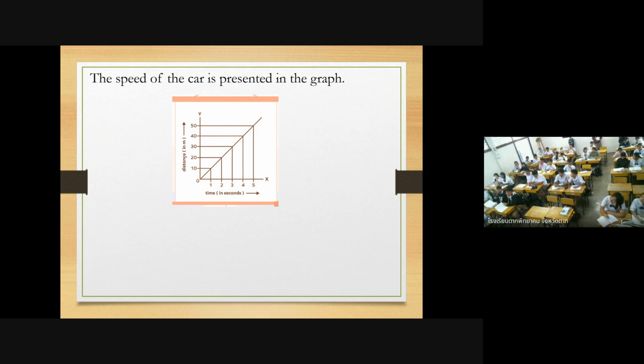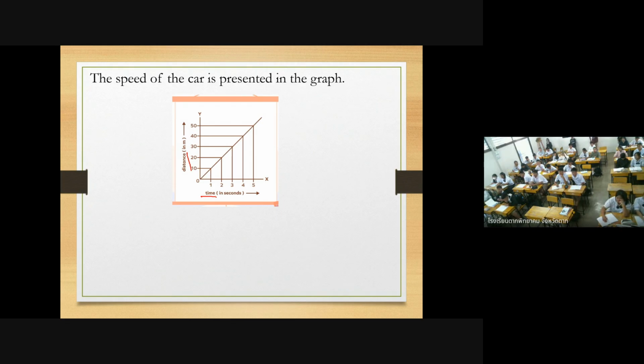We're associating the distance to the time. Again, we're associating distance to the time. So this is what a linear relationship is.